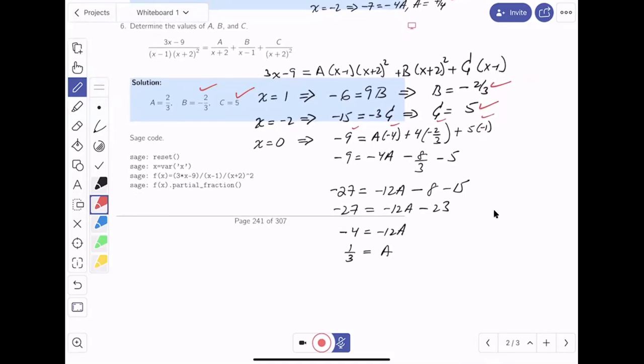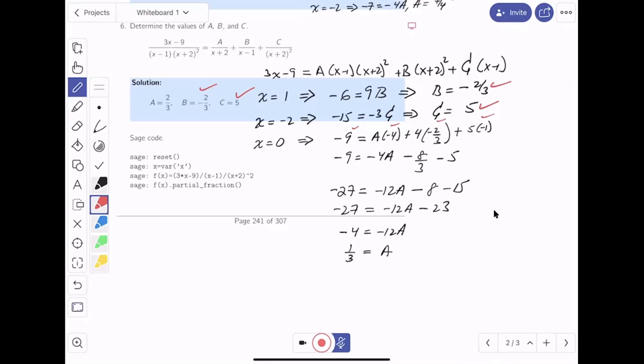And I think I made a mistake. Let me take a look. I've got to really check it again. I said 0, right? 3x minus 9, that would be minus 9. And 0 minus 1, 4, minus 4a. That's not bad. 4b, b is minus 2/3. Minus 8/3.